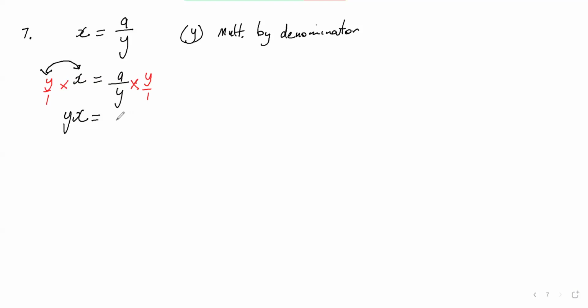Equals to A, because this will cancel with this. So the answer for number 7: A is equal to yx. So let's do number 8.